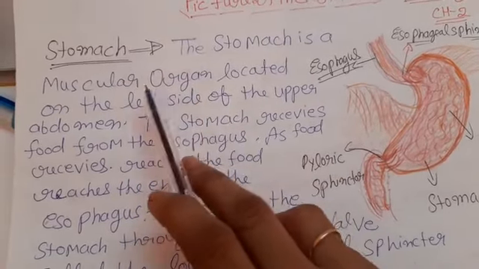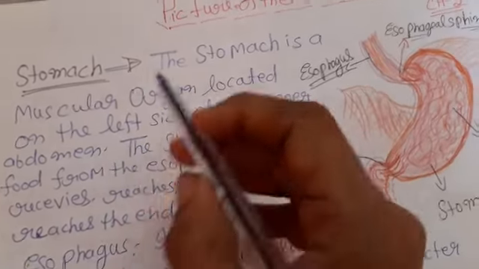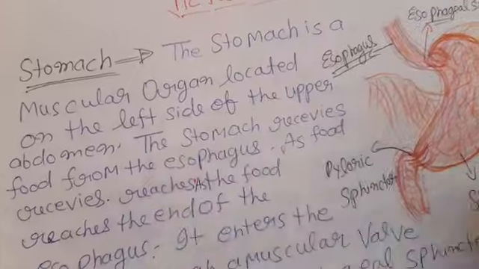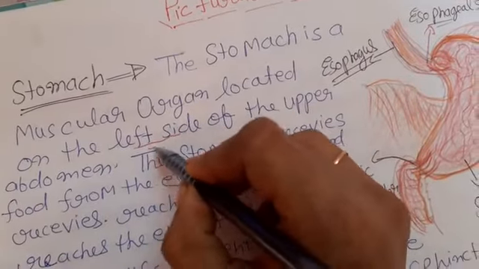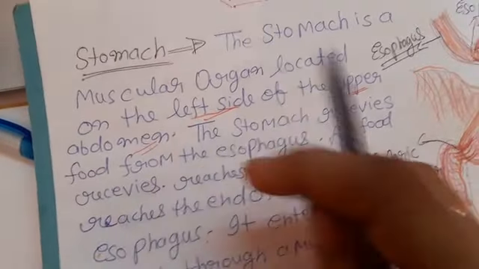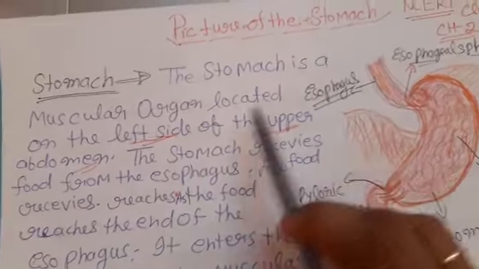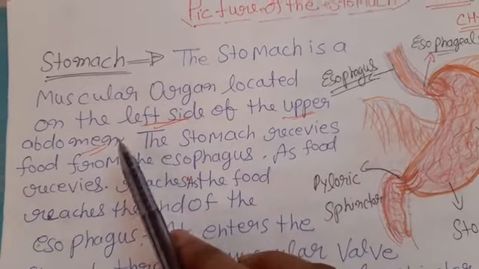The stomach is a muscular organ located on the left side of the upper abdomen.